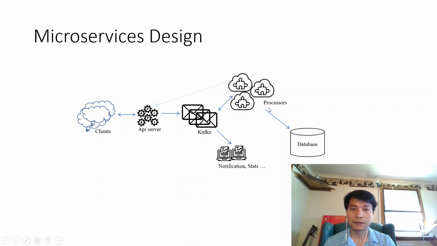For processors, we can scale to multiple units, probably on multiple machines, so they are independent of each other, from hundreds to thousands, to handle a big amount of requests. And this one handles less important tasks, so just some. So we can scale up a separate part of the system.